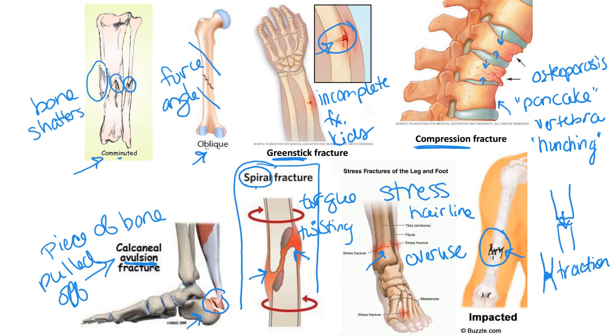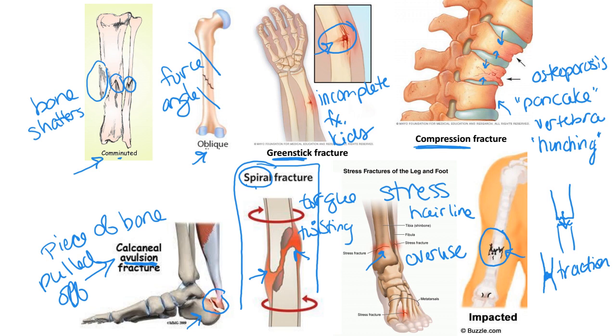And these are common in, for instance, the arm in a fall injury. If you fall and stick your arms out in front of you and maybe the bone is already weaker and there's a significant force shoving one end up into the other.